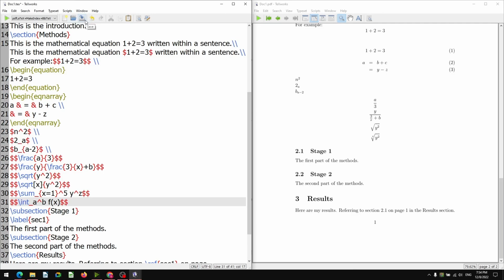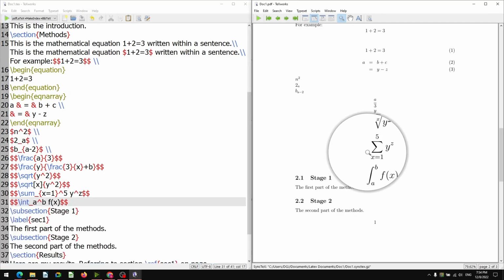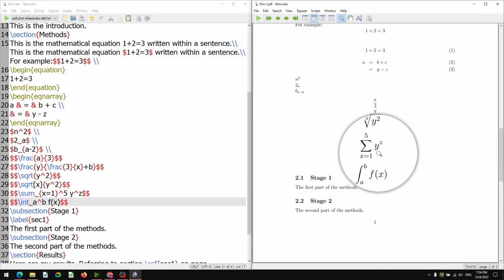After that, whatever the expression is, it is written, x raised to z or f of x, etc. Save and click the typeset button. So this is the summation of y raised to z.